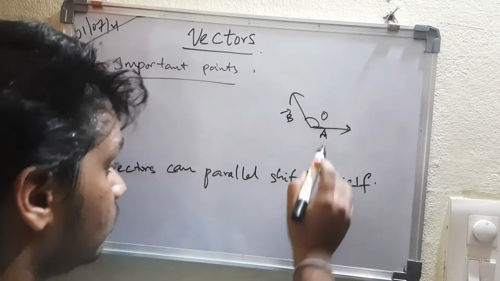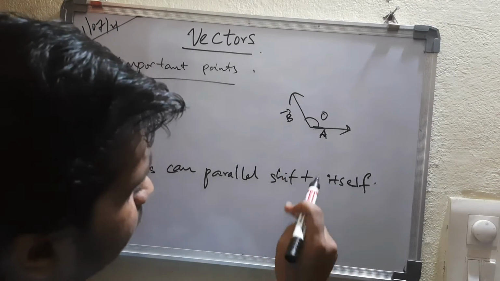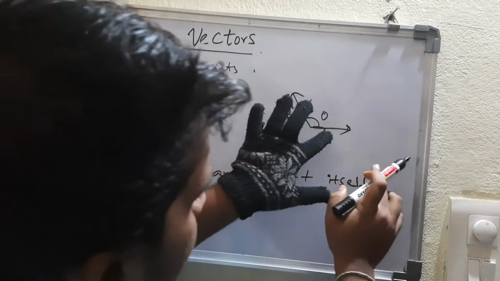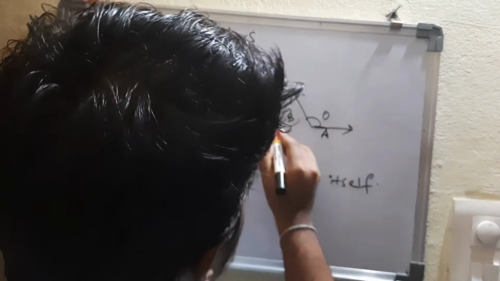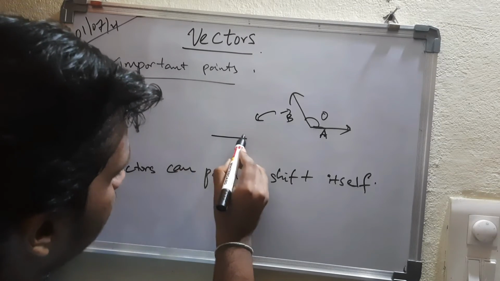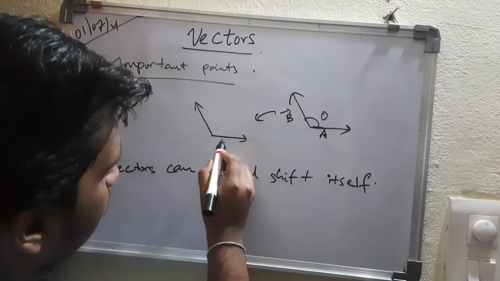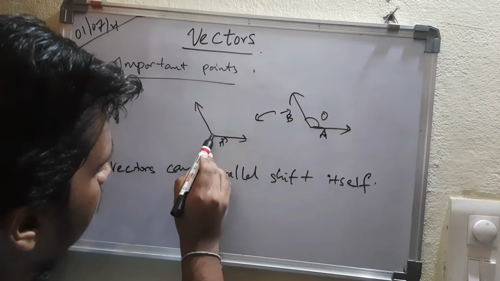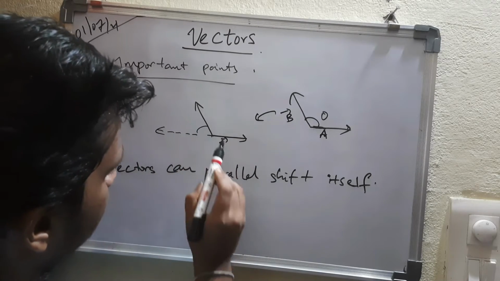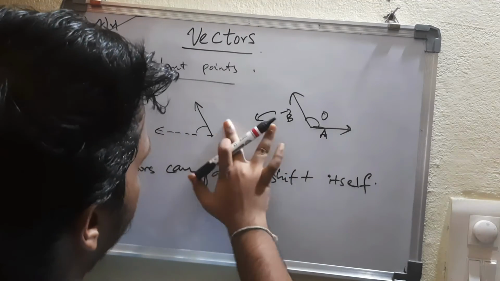Now I need to parallel shift this vector. So what we can do is move the vector, I'll show you. This A vector becomes parallel like this, and we can remove this, because parallel shifting took place.